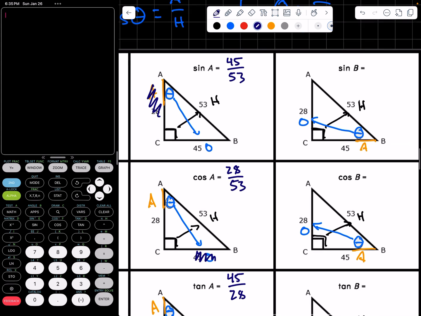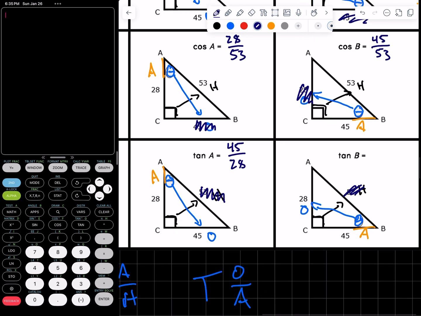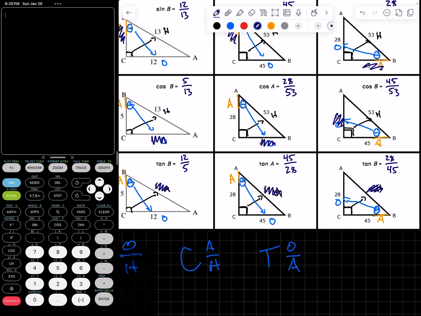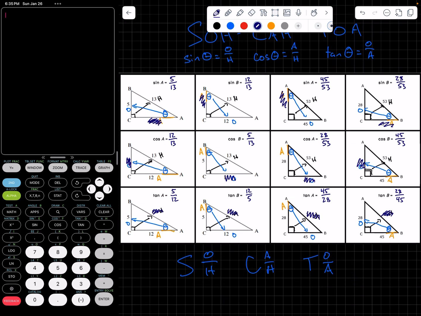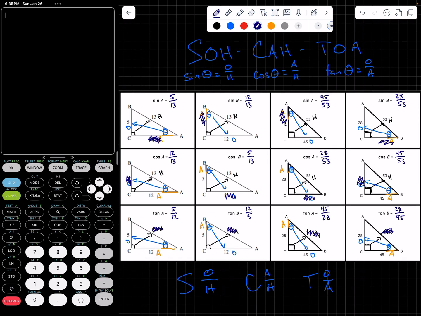And then over here on the far right, sine is going to be opposite 28 over hypotenuse 53. Cosine is going to be adjacent 45 over hypotenuse 53. And then tangent is going to be opposite 28 over adjacent 45. And that is how we solve SOHCAHTOA questions.